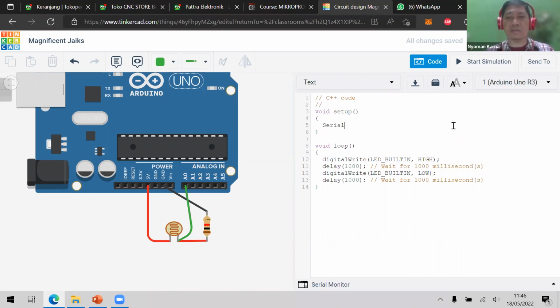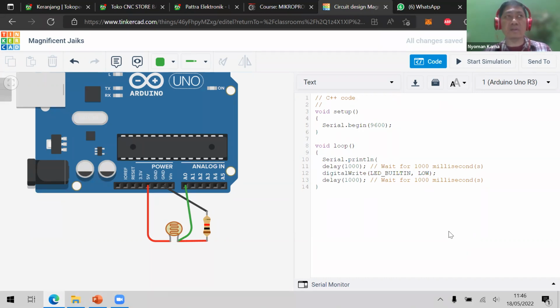So we're going to use Serial.begin. And then I'm going to Serial.println the value of the voltage A0.